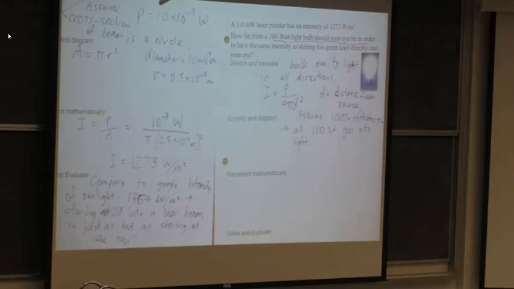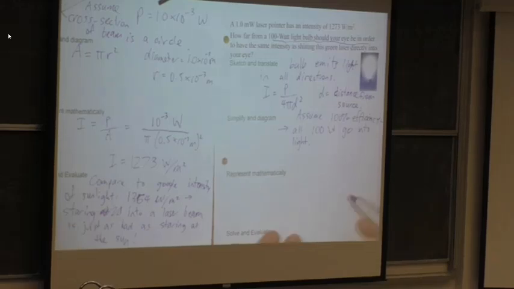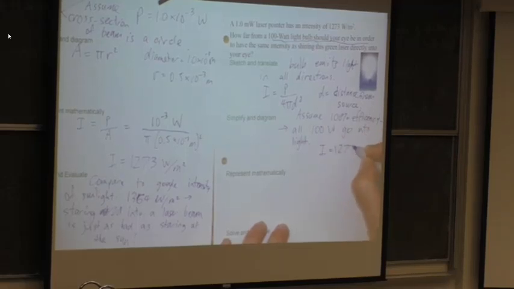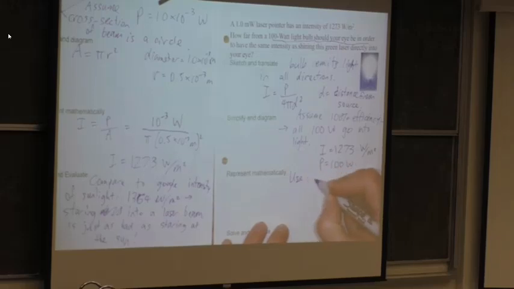This isn't a very good assumption, but it's physics, we can just make the assumption. I'm going to set I equal to 1273 because that's given, and P is equal to 100 watts. That's given. And so we'll use I is equal to P over 4 pi d squared and solve for d.